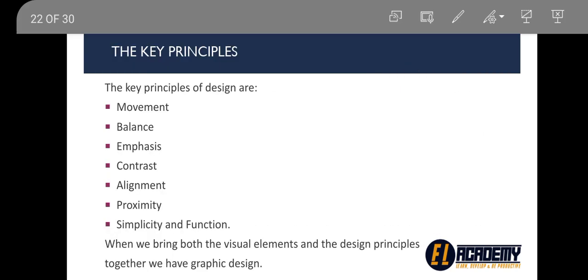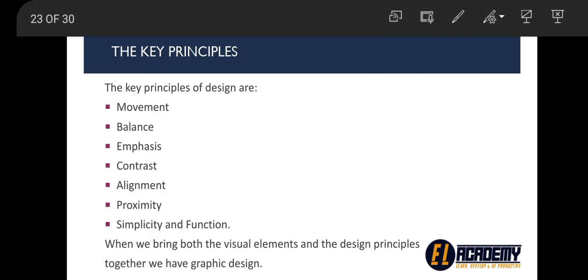So, number one, among the principles we have movement, then balance, emphasis, contrast, alignment, proximity, simplicity, and function.